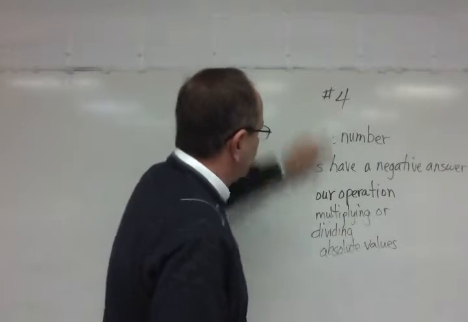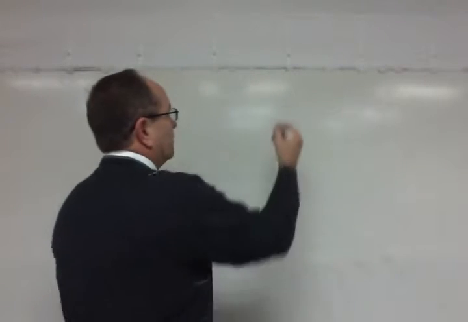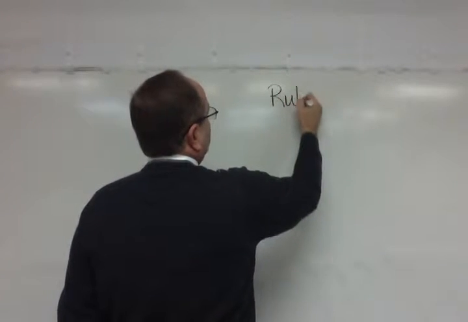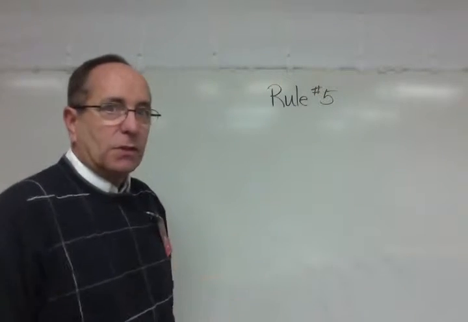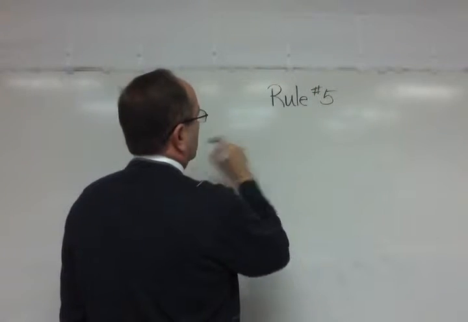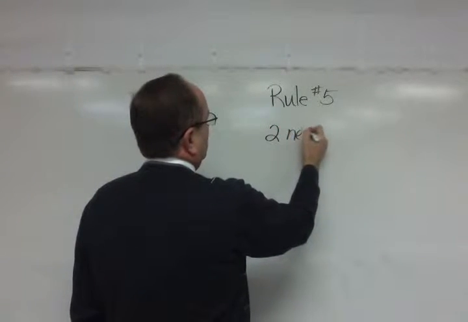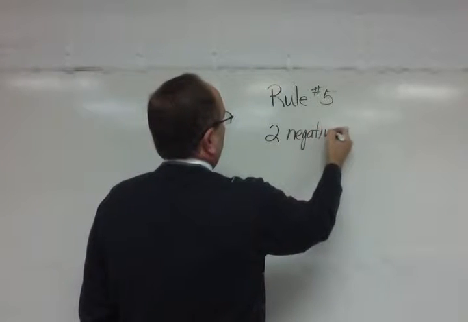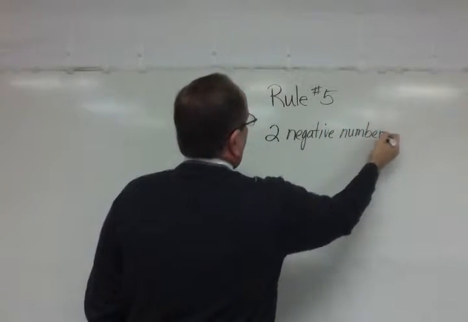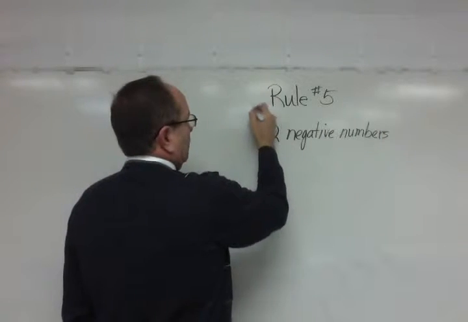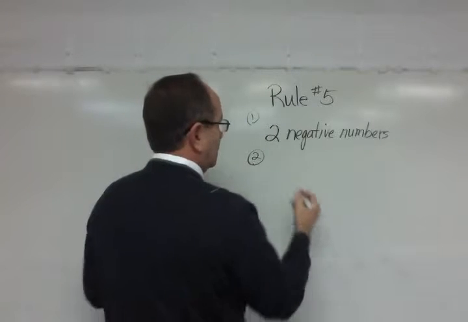And we're going to extend those thoughts here in just a few minutes, but I'm going to move on to rule number 5 first. And rule number 5 is sort of what I related to earlier with that problem we just solved. And so if I have two negative numbers in my problem, step 1. Step 2 is my answer is automatically positive.